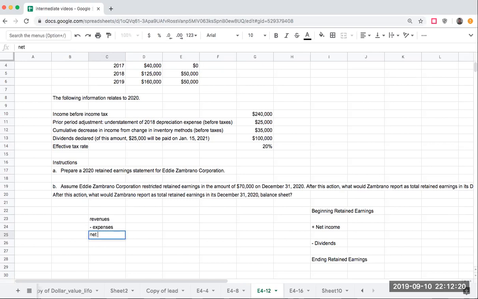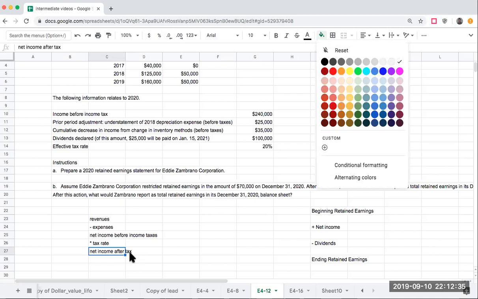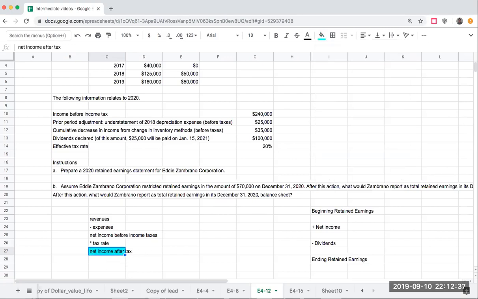It gives us our net income before income taxes. We apply our tax rate, and this gives us our net income after tax. And this is what ultimately goes into our statement of retained earnings.